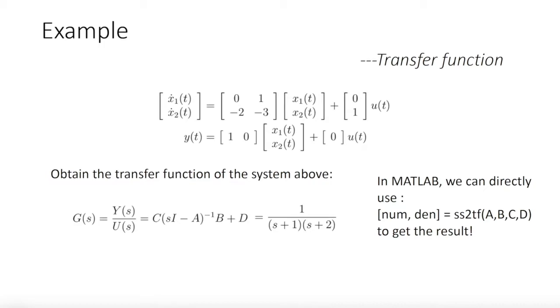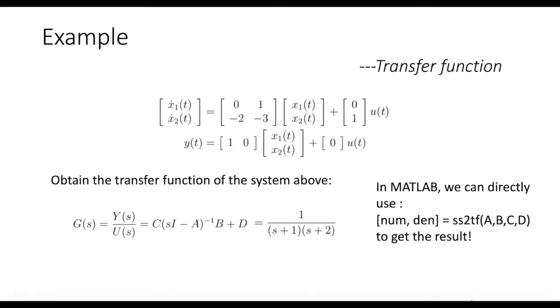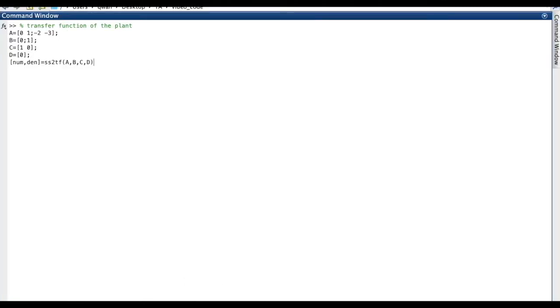MATLAB can easily compute this with the function ss2tf, state space to transfer function, using A, B, C, and D. By defining A, B, C, and D, the transfer function will be computed as the numerator and denominator. It will give us the coefficients for the numerator and the denominator.